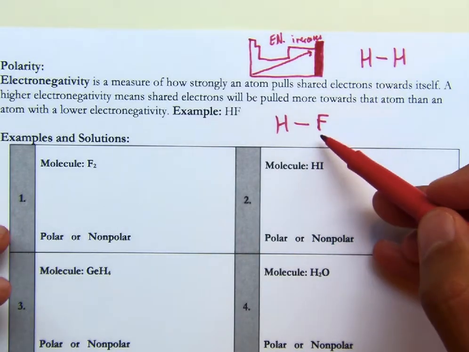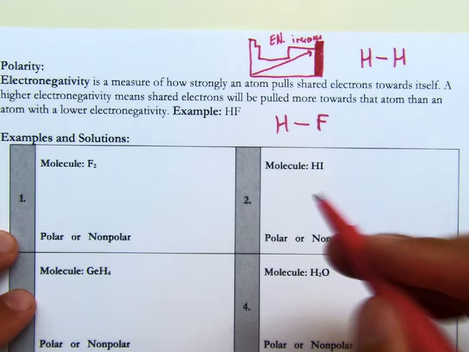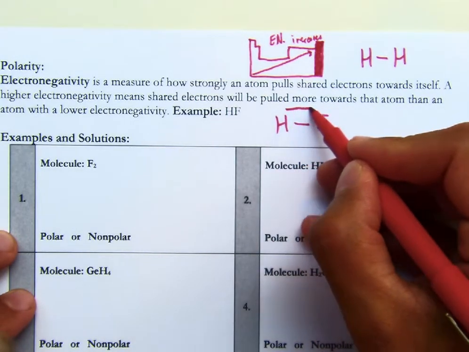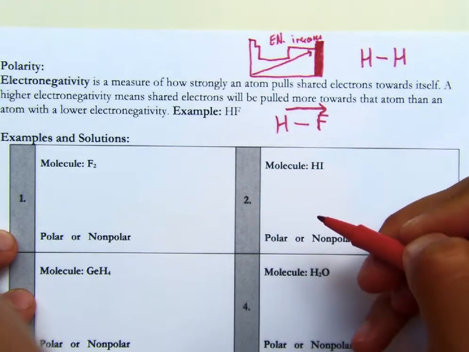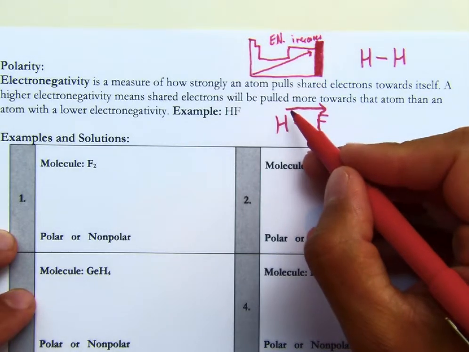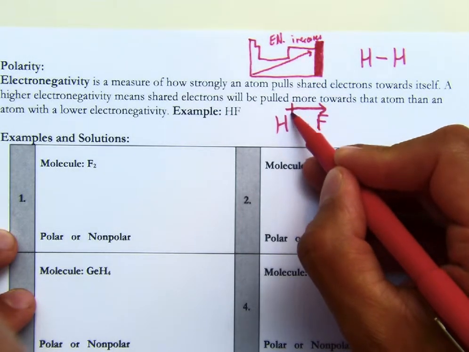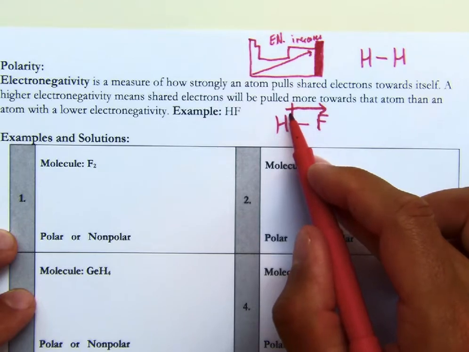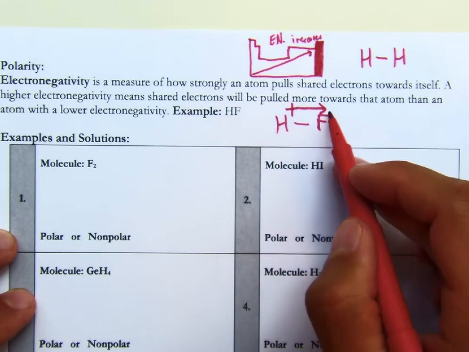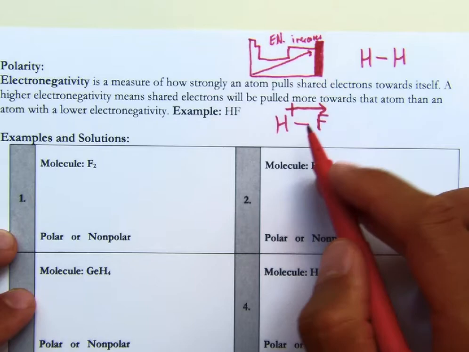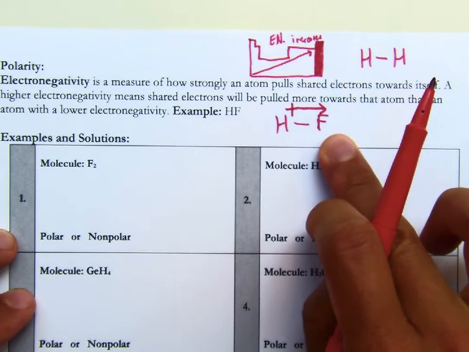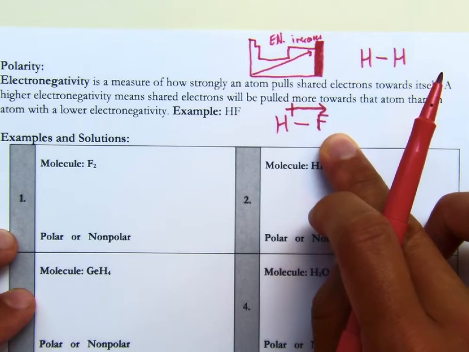Whereas down here, fluorine has a higher electronegativity. So these shared electrons are going to be pulled towards the fluorine. And this is what's called a dipole arrow. I'll put a little tail on it here. This will become a more positive side, and this will become a more negative side because the electrons will be pulled over to this side. Electrons are negatively charged.